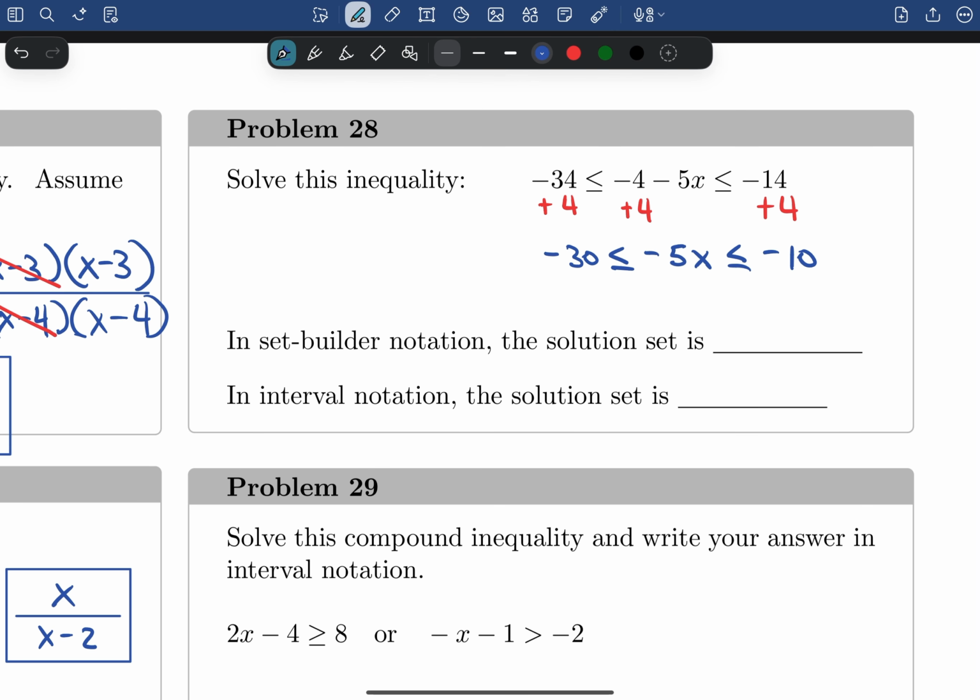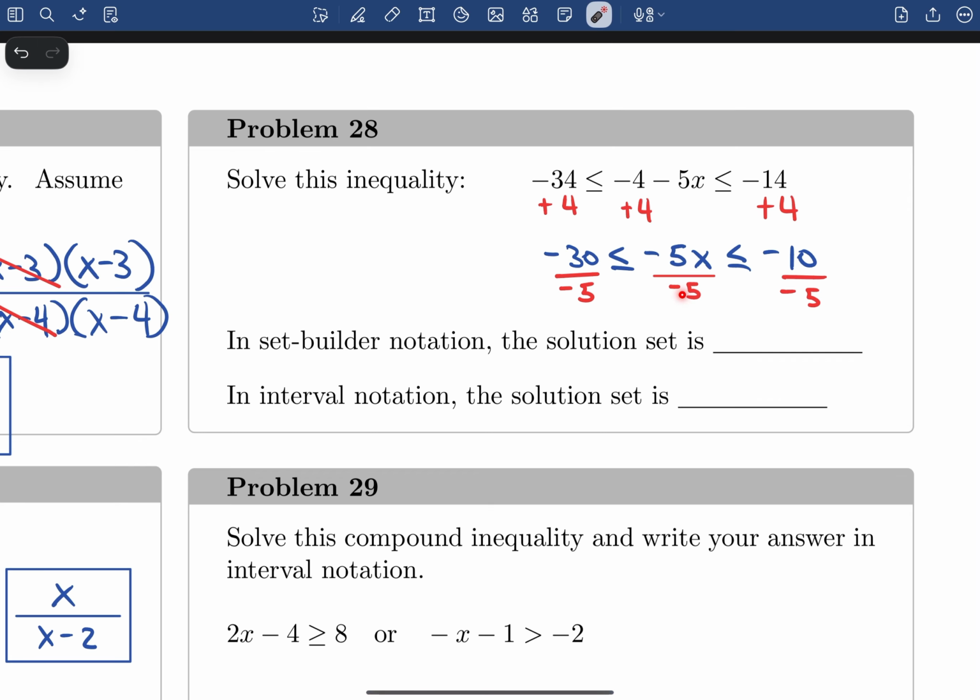And at this moment, to get x by itself, I need to divide by negative 5. And so I do that in all 3 parts. But when I do that, because I divided or multiplied by a negative number across the inequality, on both sides, these 2 inequality symbols flip their direction, okay?